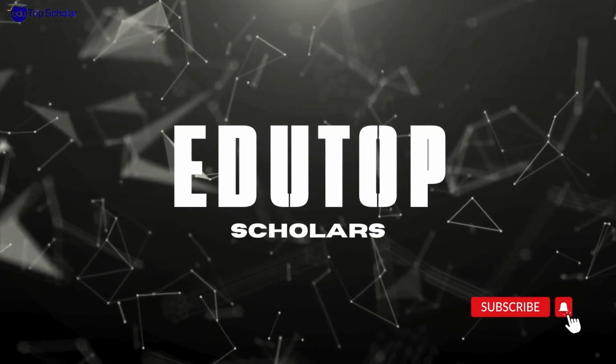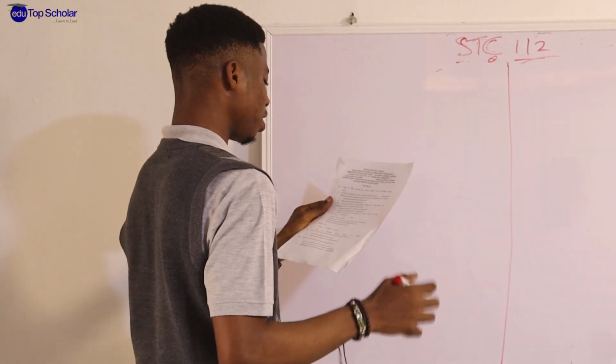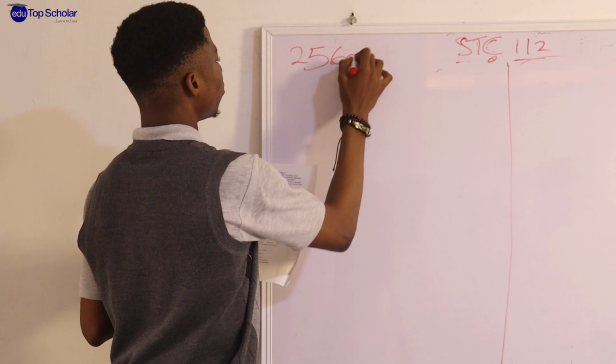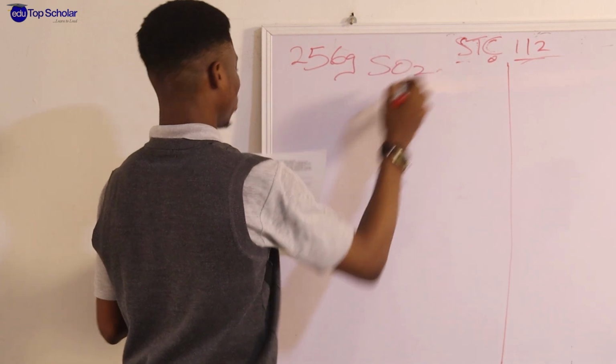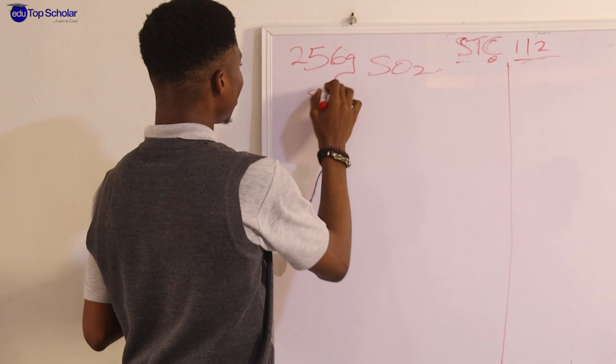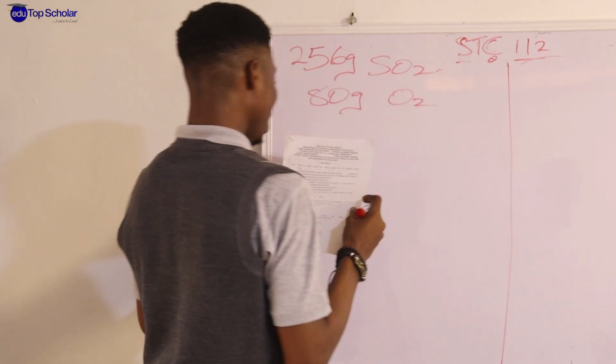So the next question says, in an investigation, 256 gram of SO2 reacts with 80 gram of oxygen in a reaction vessel.